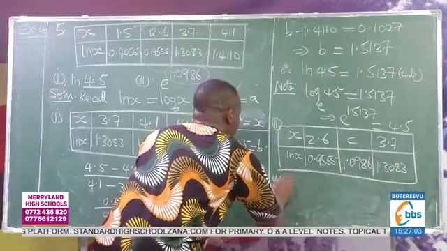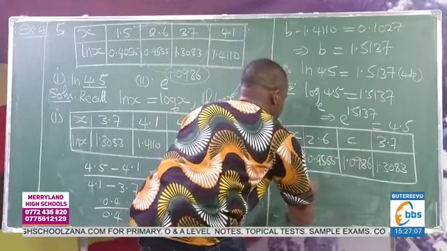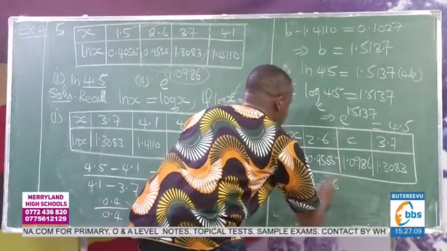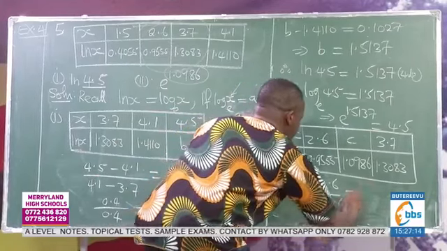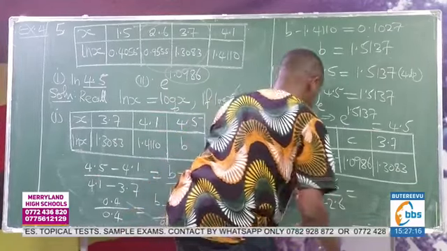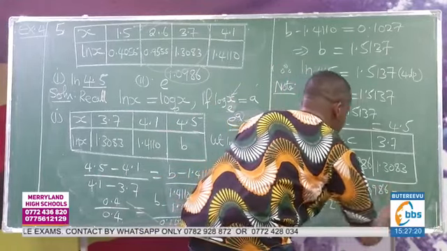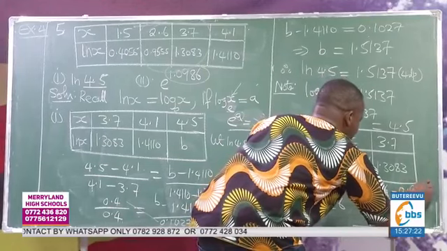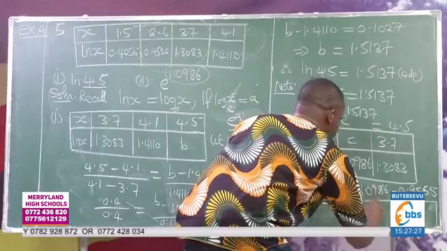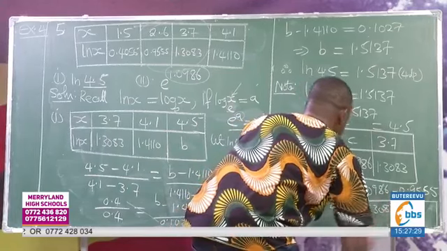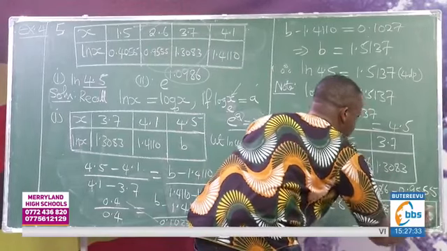So using the same arrangement, we can start from C. C minus 2.6 over 3.7 minus 2.6 will be the same as the corresponding values, 1.0986 minus 0.955, over 1.3083 minus 0.955.